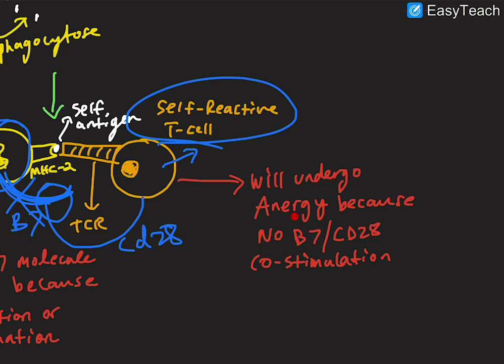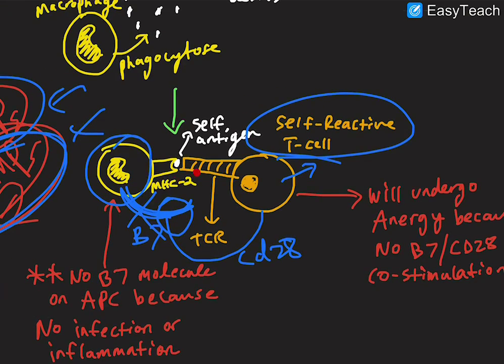It undergoes anergy. If this interaction between an antigen presenting cell and a self-reactive T cell happens repeatedly without any inflammation or infection or trauma, which means no B7 will get put onto the surface of the antigen presenting cell, then with repeated interactions and no B7 and CD28 interaction, the self-reactive T cell undergoes apoptosis.